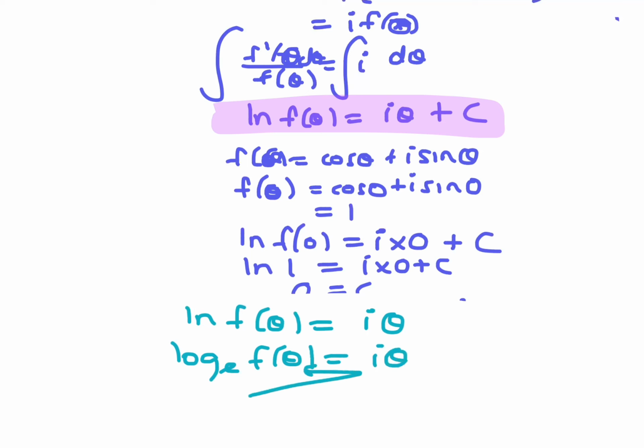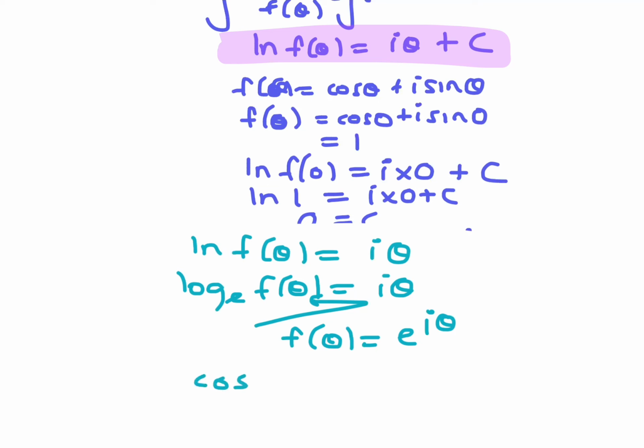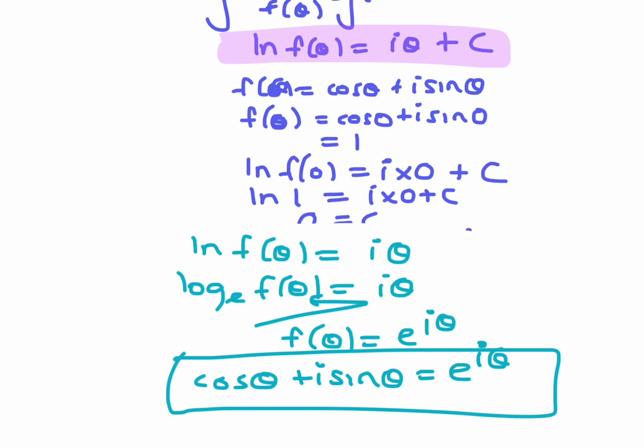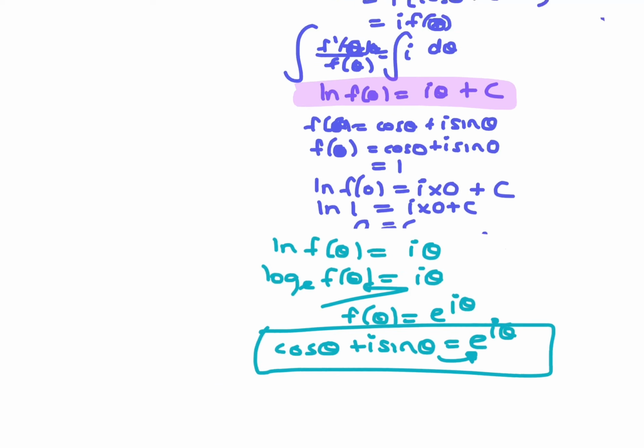So that means e to the i theta equals f of theta. But what is f of theta? f of theta is cos theta plus i sine theta, and that equals e to the i theta, which is your required result.